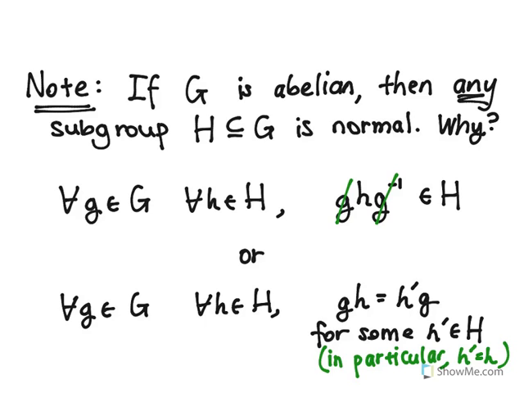In particular, I can take h prime to be h itself, and then gh is equal to hg, because here I'm assuming that G is abelian. So again, by either of these two arguments, we see that if G is abelian, then no matter what subgroup we pick, it's definitely going to be normal. So to make life interesting, let's pick a non-abelian group and see what it might look like for a subgroup of that to be normal.